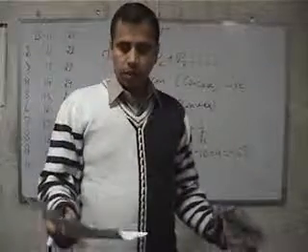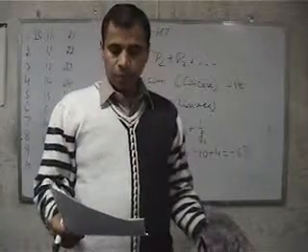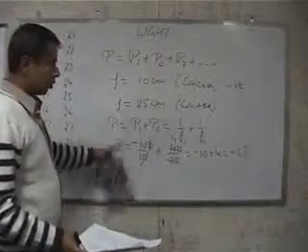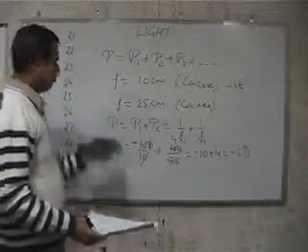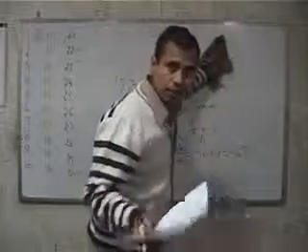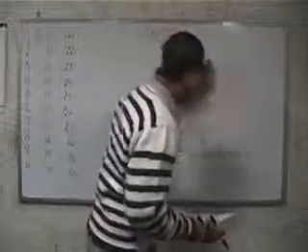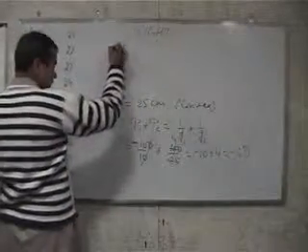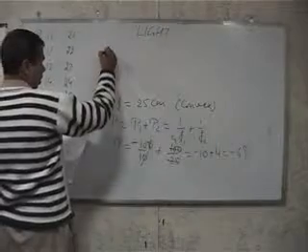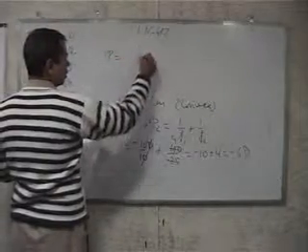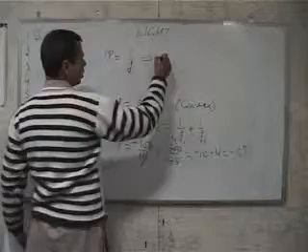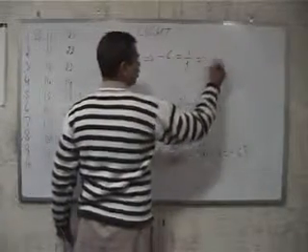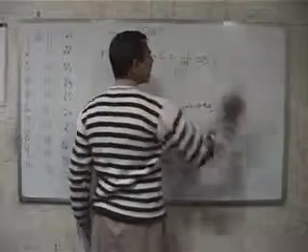The second question is linked to this first question only, in which we have to find out the focal length of the combination. Since we have already found out power, we'll use the relation that power is the reciprocal of focal length. So you don't have to solve it again. Power is 1 upon focal length. Therefore, we already have the power minus 6 equal to 1 by F, or F equal to minus 1 by 6.